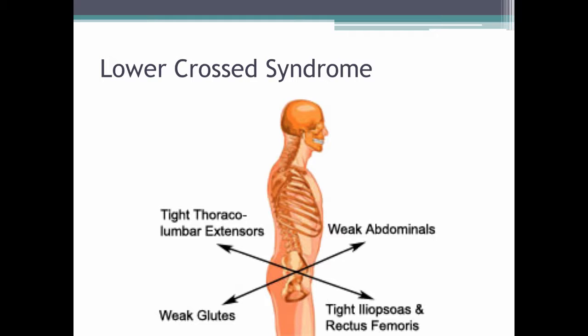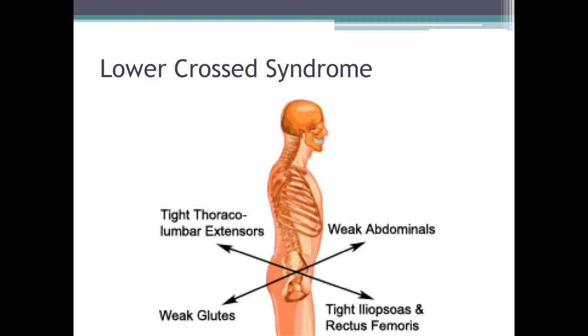So again, if your abs are the agonist, they're weak, and the antagonists are tight: the thoracolumbar extensors. Check that, not the hip extensors, because the weak glutes are the hip extensors. If your agonists are the glutes, you have weakness in hip extension, and you're going to have tightness on the opposite side at the iliopsoas and the rectus femoris.